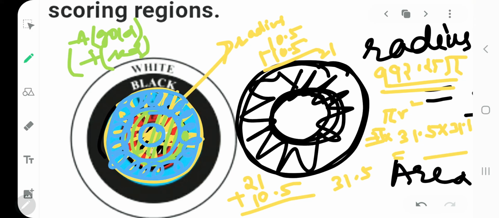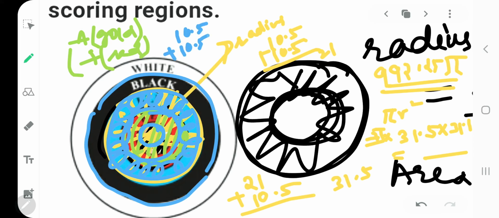You had gold region area, red region area, now you got blue region area. Now if I want to go towards my black, what will I do? First I'll get the radius. My first circle gold had radius 10.5, and every time you increase by 10.5. So I got 21 for my red region. Then I increased 10.5, so I got 31.5 for my blue region.